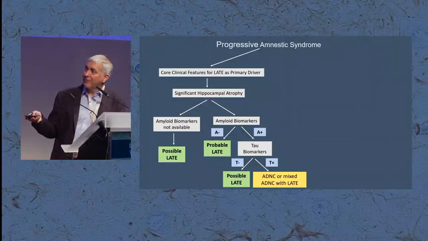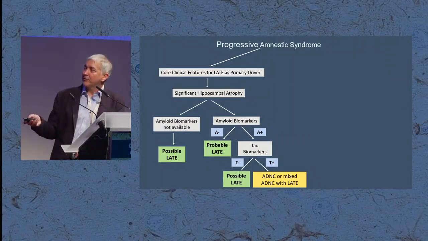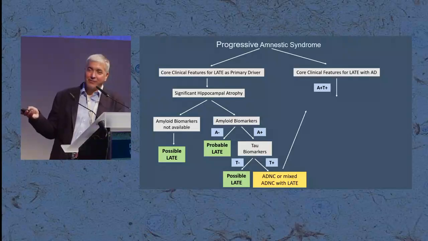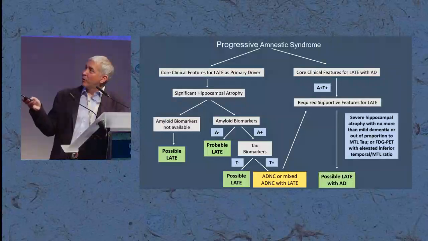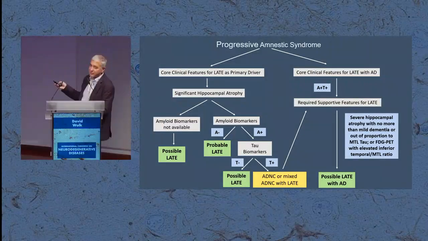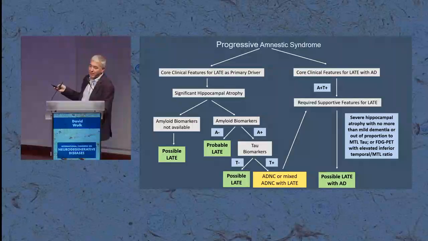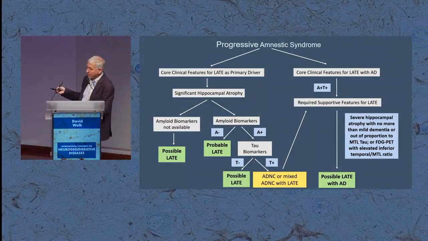Obviously, if it's positive, you have mixed, or you have Alzheimer's disease, and it could be mixed with LATE, and then that takes you down this other path, which to a large extent requires supportive imaging features that suggest more atrophy or more hypometabolism in LATE-like regions than expected for where you are in the disease. And again, I think the best we can get there is possible LATE.